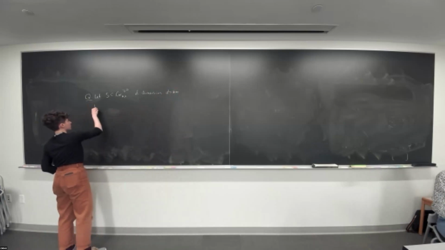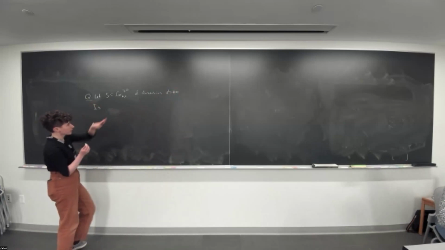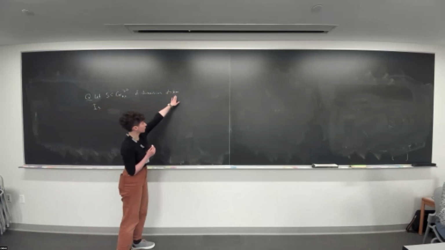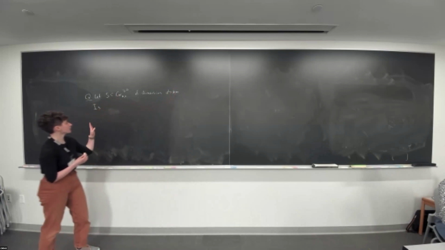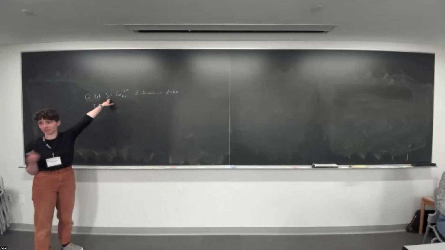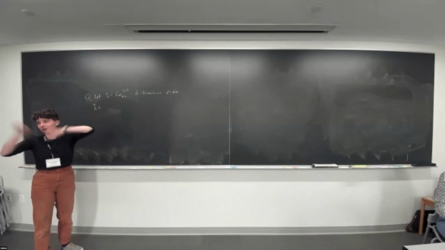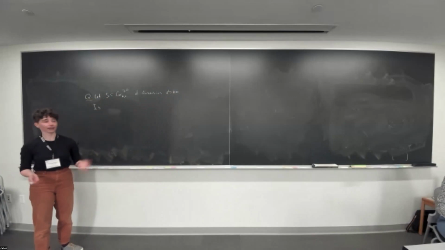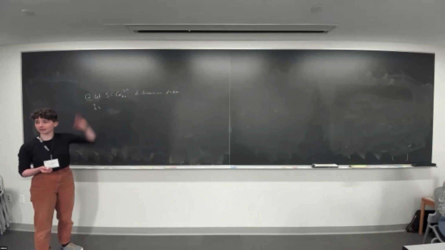Because the dimension is bigger than k times m, there is absolutely no hope for the image of this thing to be a tile. Right? It's going to be bigger. And the question is, can the image be tiled?